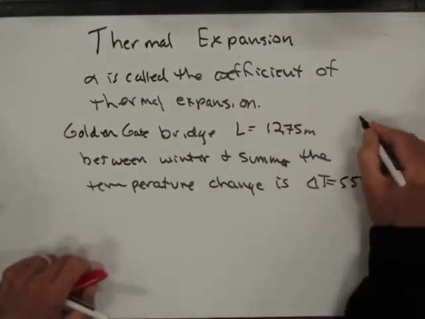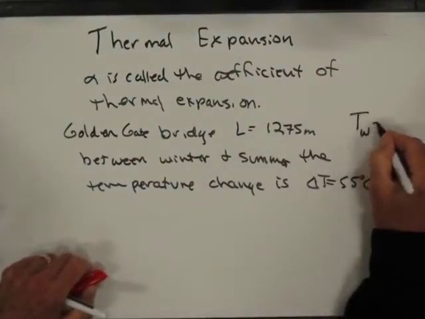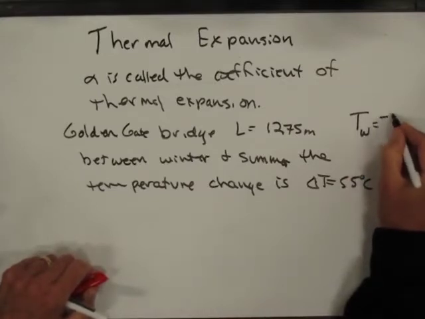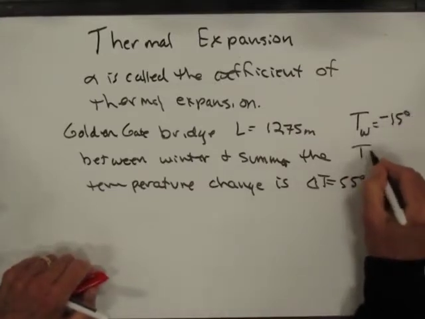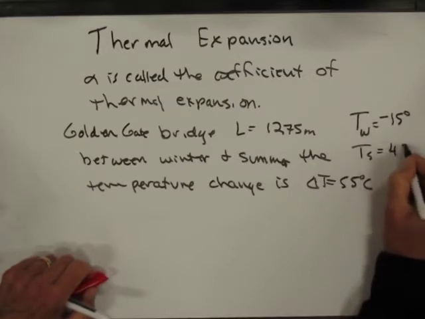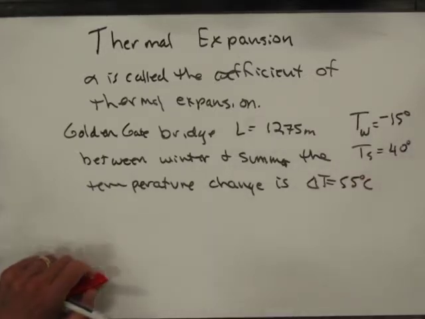In other words, T winter is like minus 15 degrees, and T summer is equal to 40 degrees. And so we want to know the length change, right?